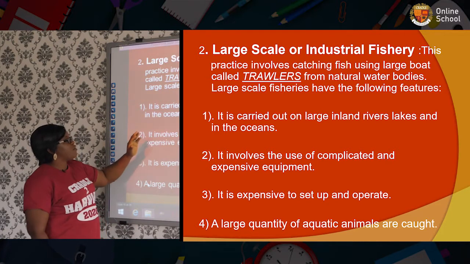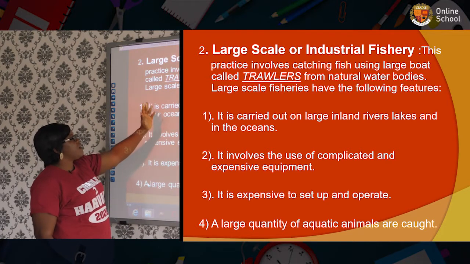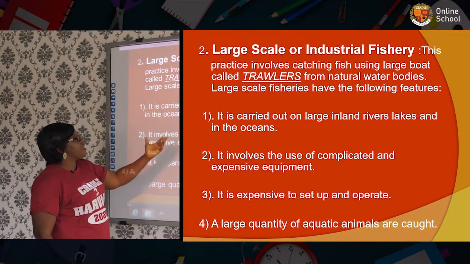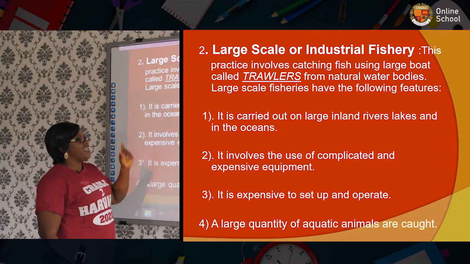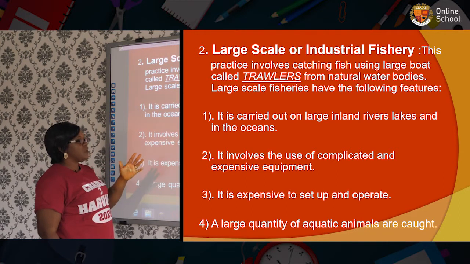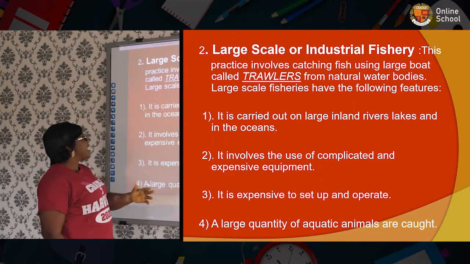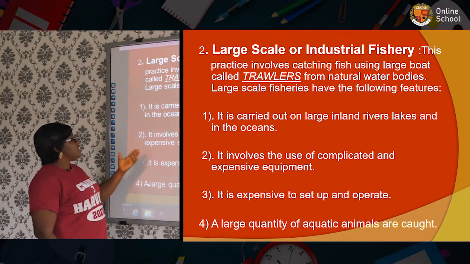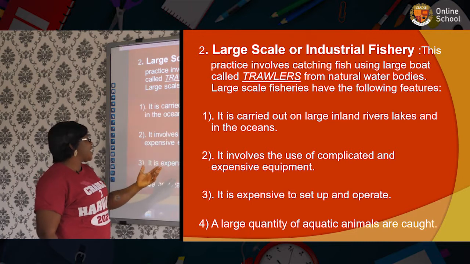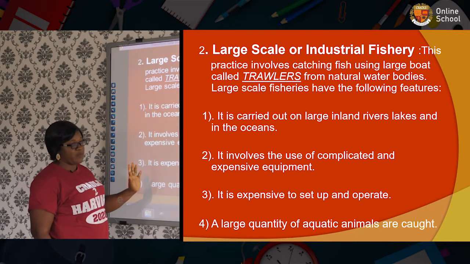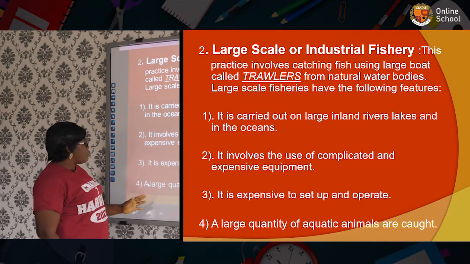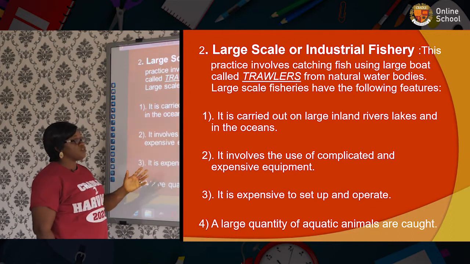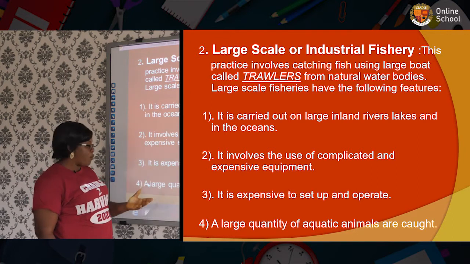Now look at some of the features of large-scale fishery. It is carried out on large inland rivers, that is river lakes, and in the ocean. Then another one, it involves the use of complicated and expensive equipment. Then the third one, it is expensive to set and also to operate.